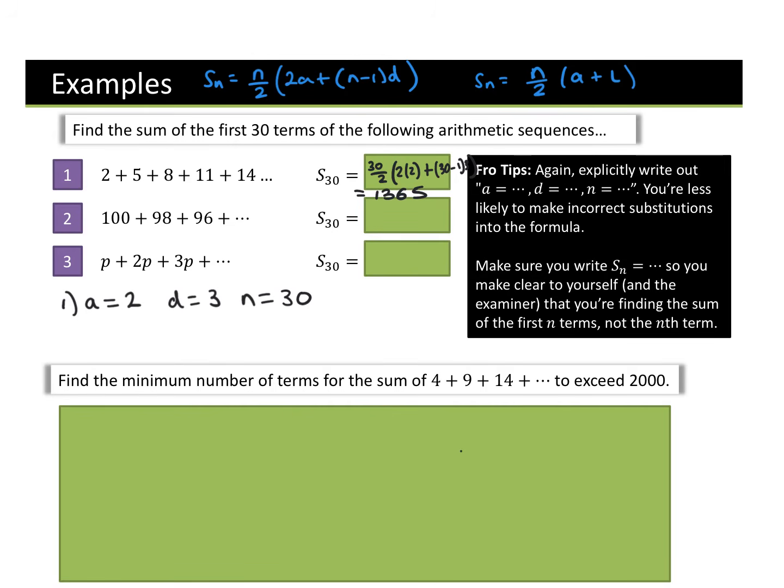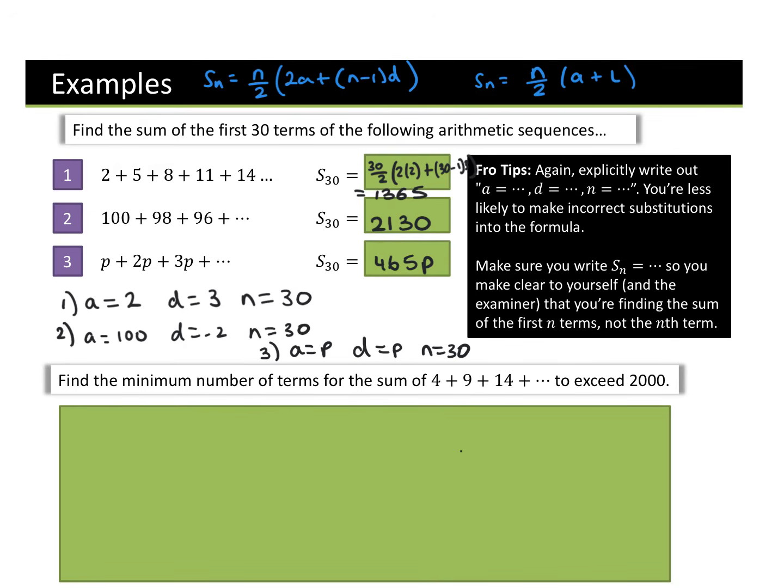I can do the same for the second one, just making sure that my A is 100, my difference is minus 2, and again my N equals 30. Substituting, I'm going to get 2130. And then for the third one, it's the same again. My A equals P. My difference, well, you can see 3p minus 2p is p, and 2p minus p is p. So my difference is p, and my n equals 30. I'm going to substitute that in, and I'm going to get 465p.